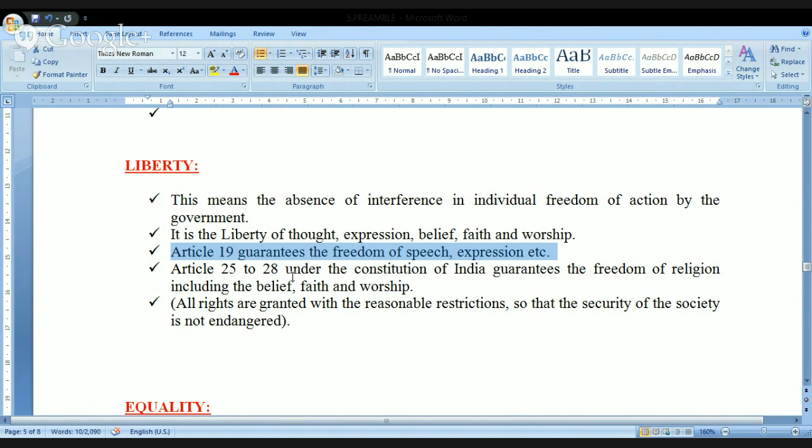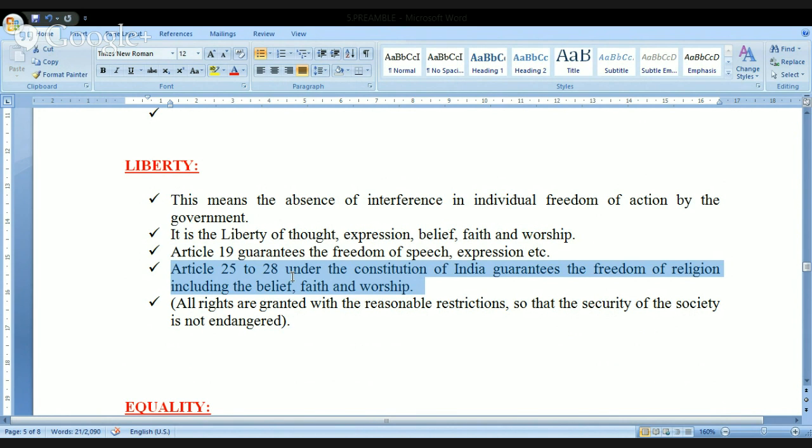Next one, Articles 25 to 28 of the Constitution of India guarantee the freedom of religion, including belief, faith, and worship. Okay, kindly remember these words here. Article 19 is mentioning something about speech and expression.